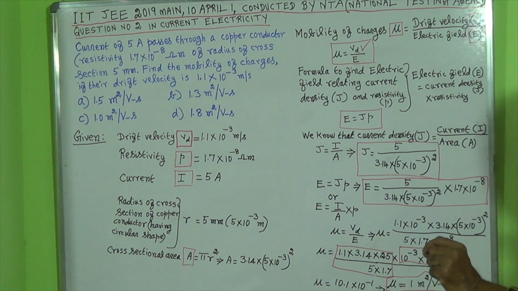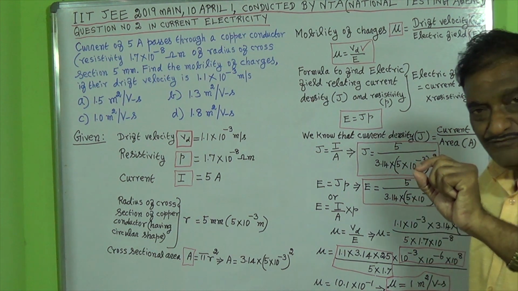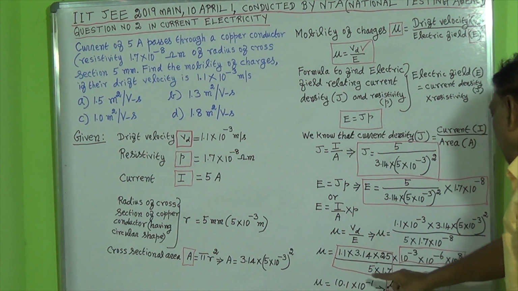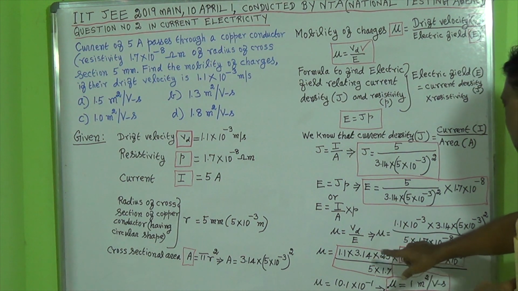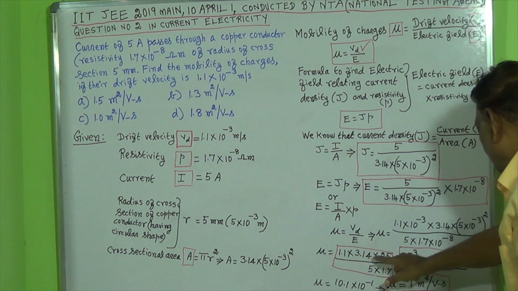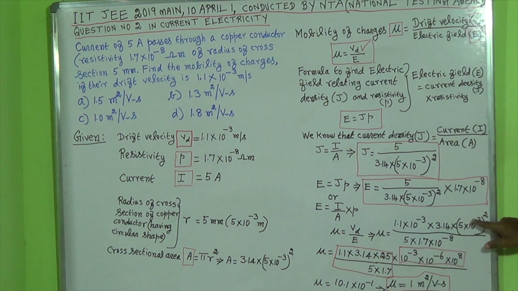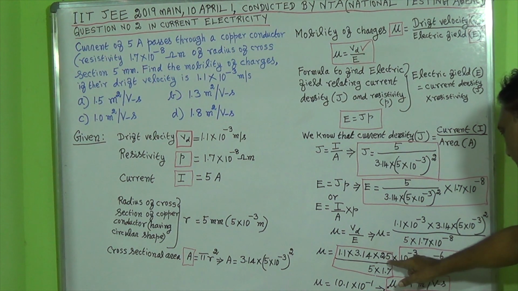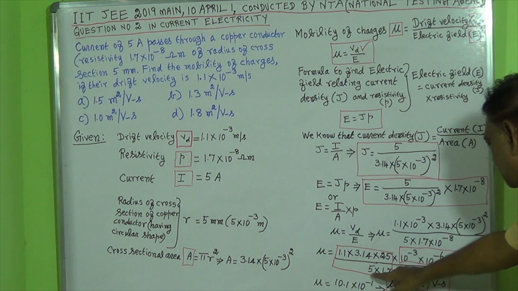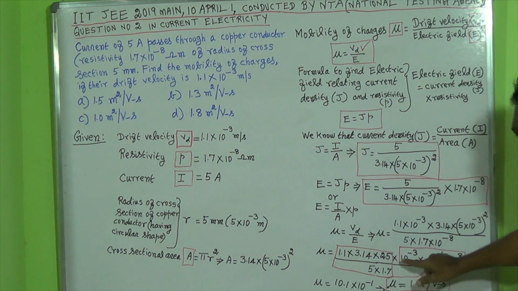Then if we multiply all numerical factors, we will get 10.1. What are the numerical factors? There is 1.1, 3.14, 5 square, 5 square equal to 25. Then in the denominator already the 5 is there and 1.7 is there.